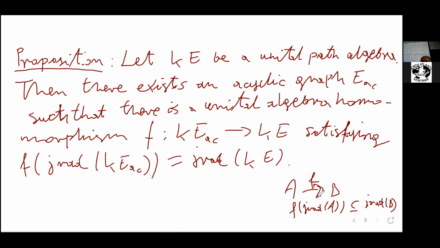I claim the equality. I present the Jacobson radical of an absolutely arbitrary unital path algebra as the image of the Jacobson radical of an acyclic graph. And there in this acyclic graph, as we know from our beautiful theorem, this is the same as the arrow ideal.